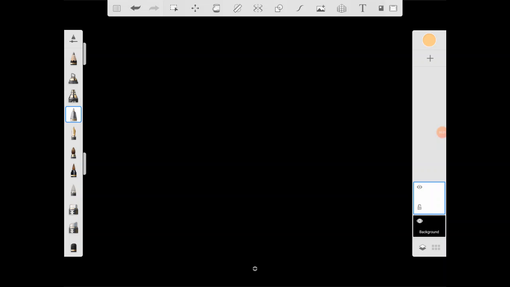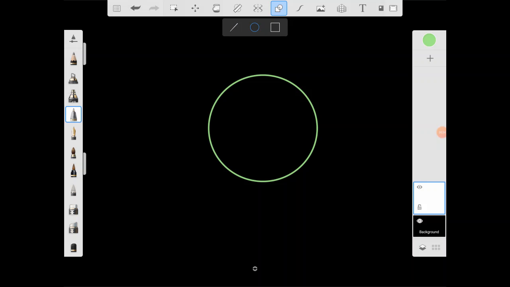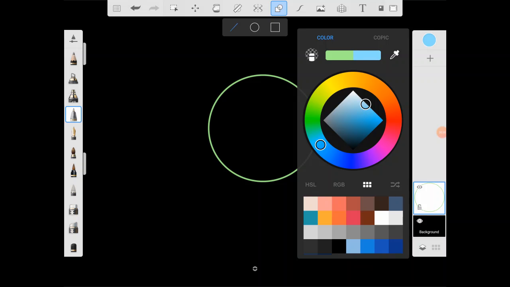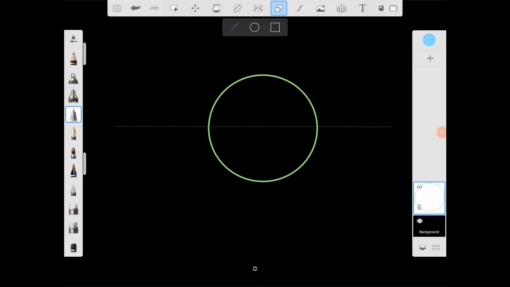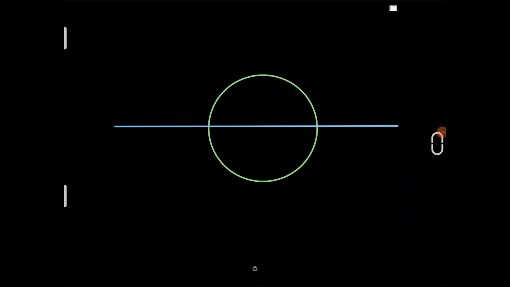But now, first, let me draw my unit circle. We all start with the unit circle. Then let me draw my Argand plane around the center.